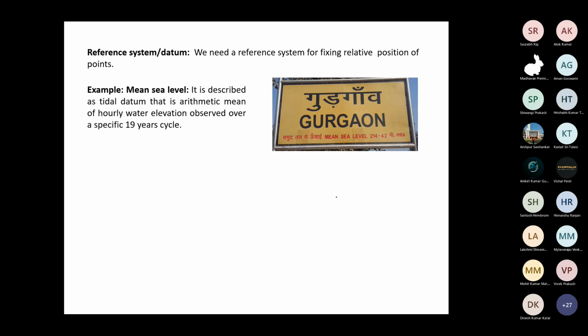As I discussed, the simplest example: if I know this A is at 3, 4, I know where 0, 0 is. Otherwise it is not possible to locate A, any point. I want the reference. So in survey it is very essential: where is your reference point, in what point of reference you are measuring things?